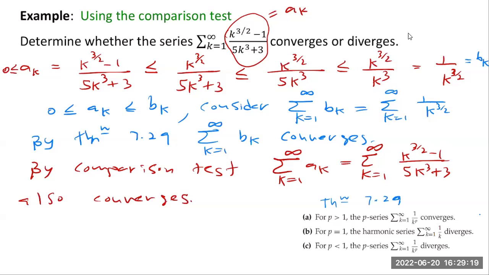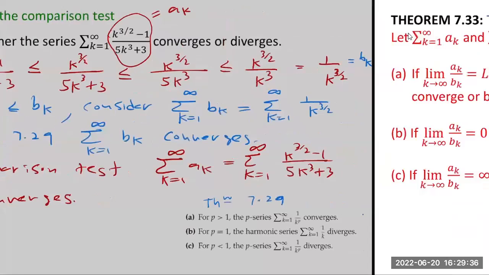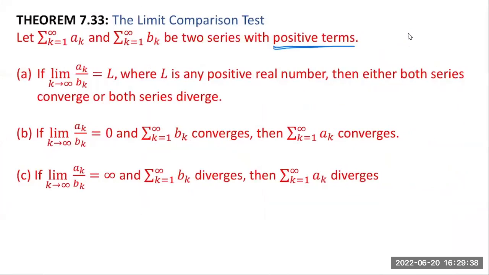That is because your AK is less than or equal to BK and it is greater than or equal to 0, by the previous theorem. It should converge. All right, that completes that example. Let's move on. Next, we have the next comparison test, which is called the limit comparison test.